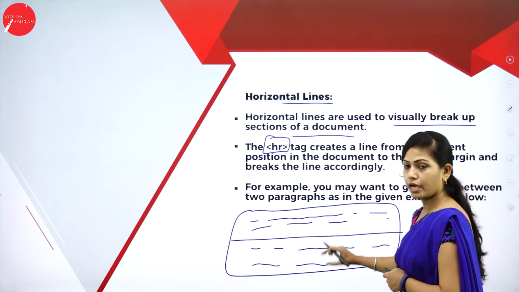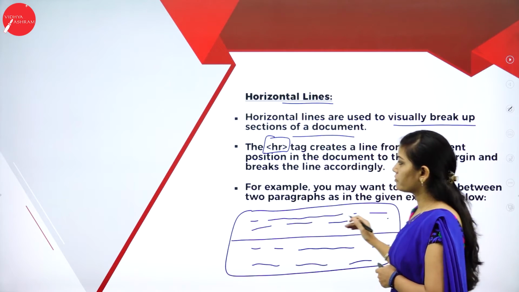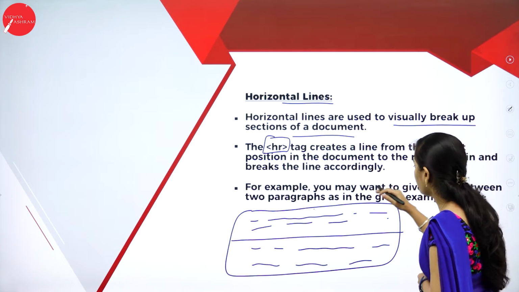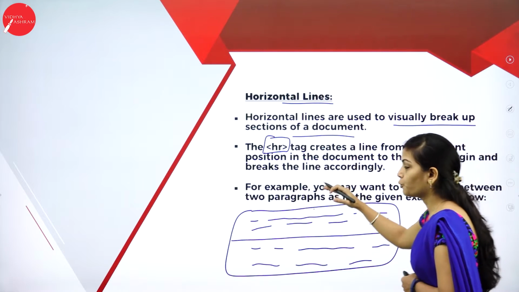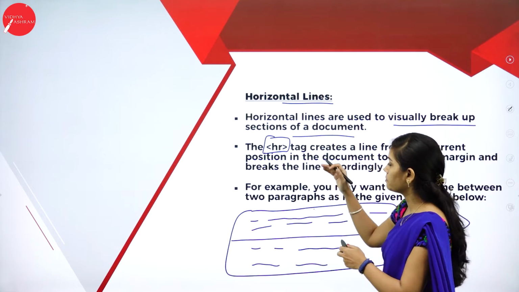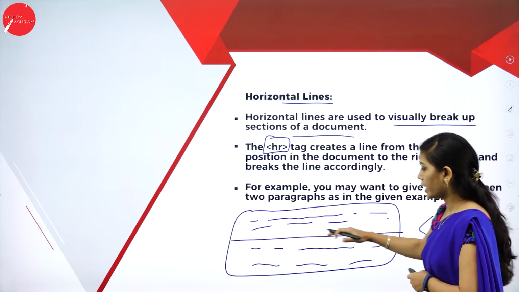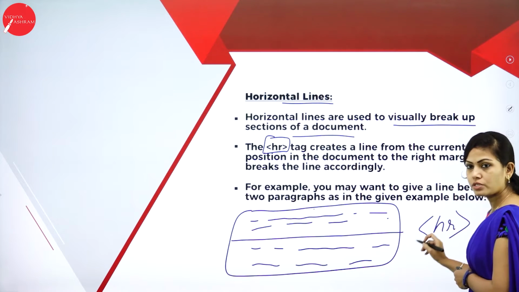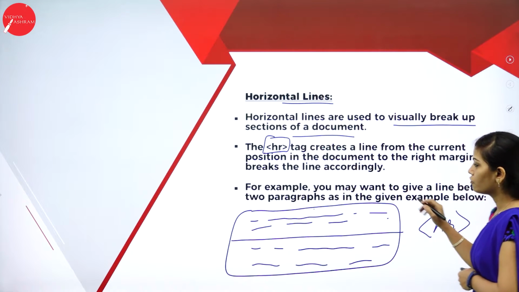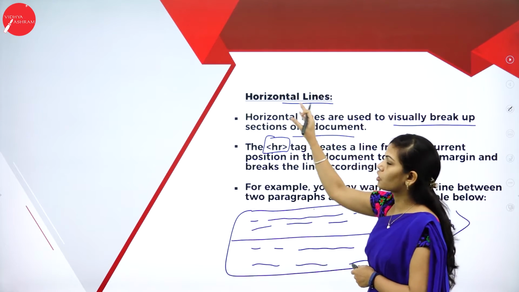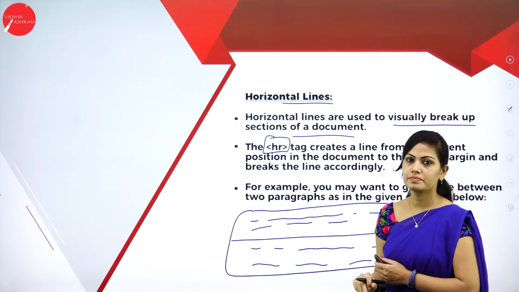Here I have two paragraphs, and in between I have given the HR tag. For example, you may want to give a line between two paragraphs. Understand the concept? Here I have two paragraphs. I have written one line here because I have used this HR tag to give the line between two paragraphs. You can use this horizontal line tag.